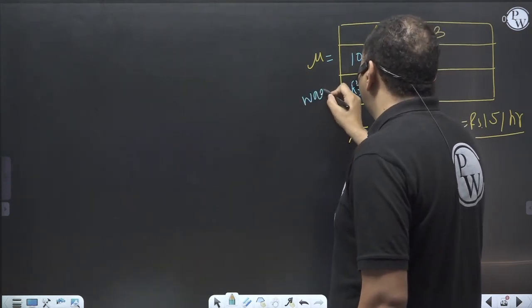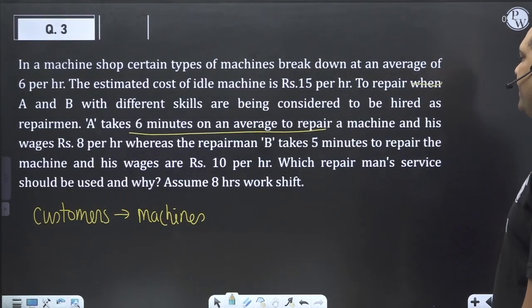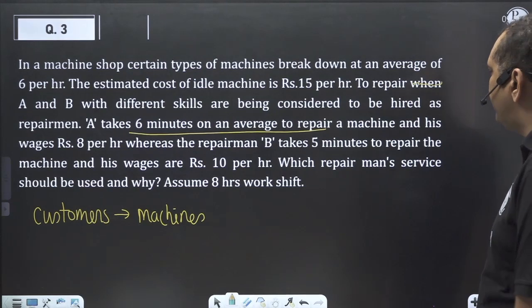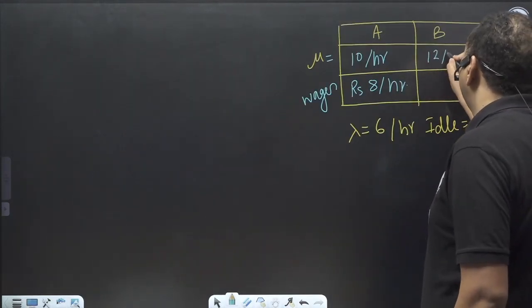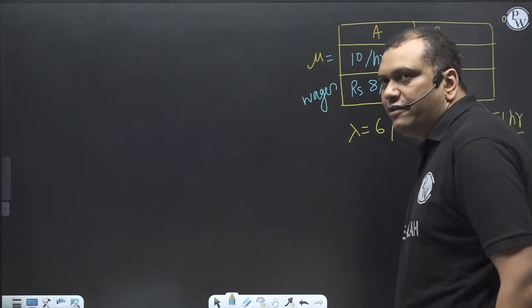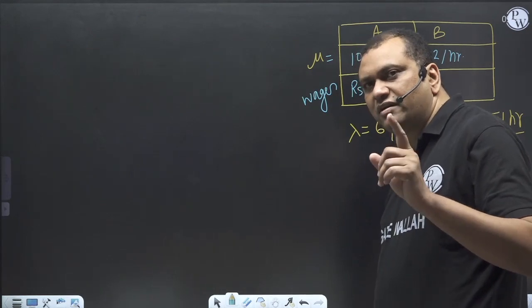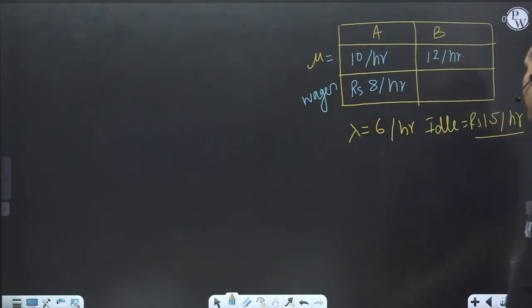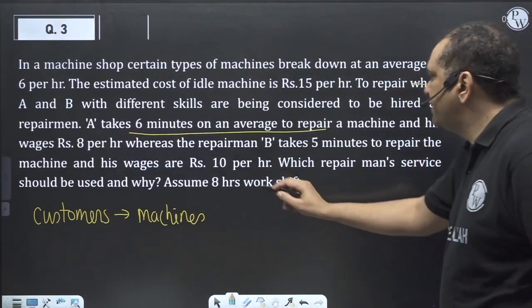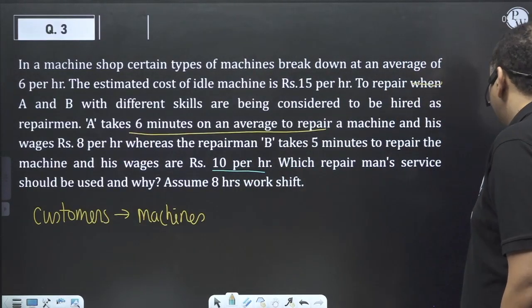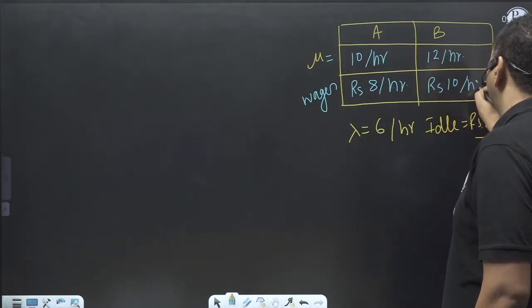Whereas repairman B takes 5 minutes to repair a machine, so it is 12 per hour, but his wages are rupees 10 per hour.